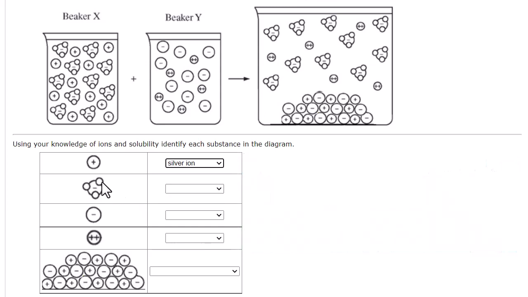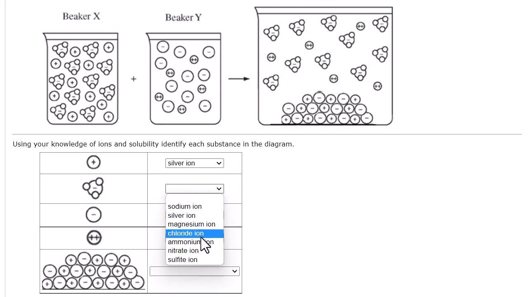Now this next one we can see is a negative ion, an anion, and it has a -1 charge and has 3 parts to it, a center and 3 other things. So it's got 3 atoms in it. Well, that eliminates the sodium and silver and magnesium and chloride. The ammonium is NH4, so that's got 5 particles.